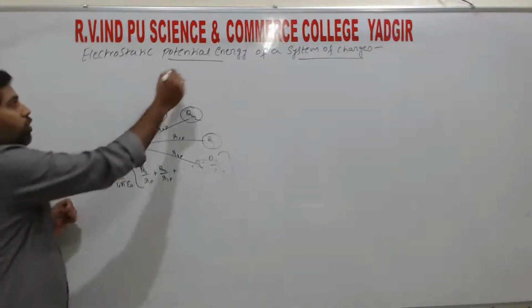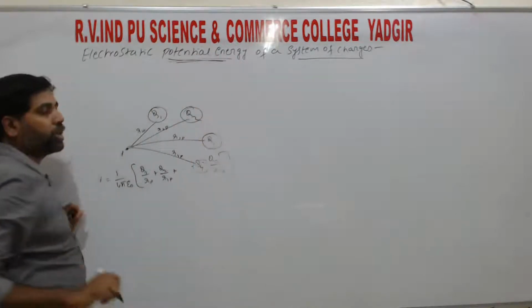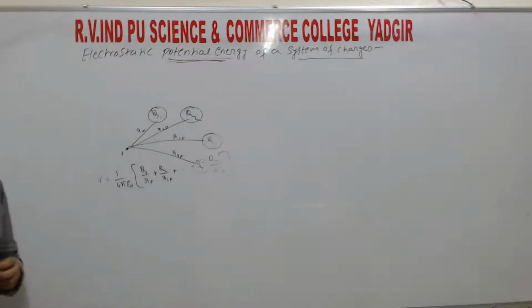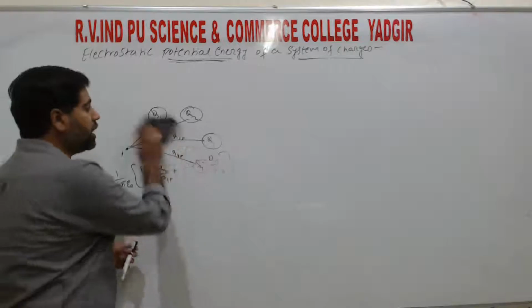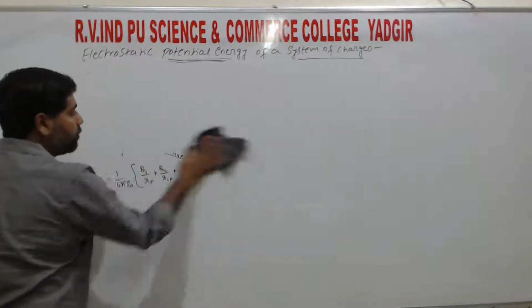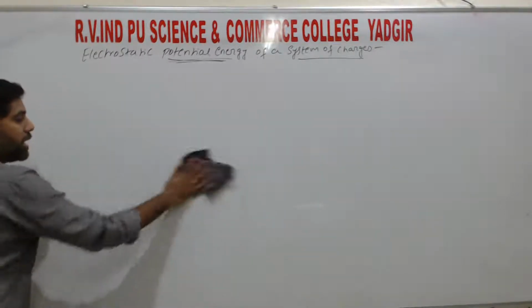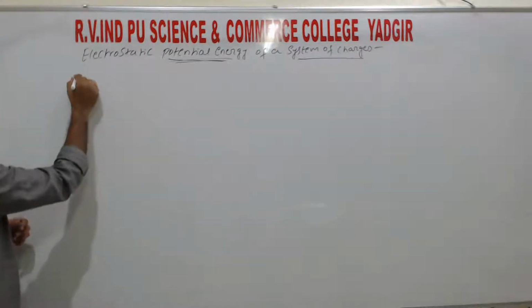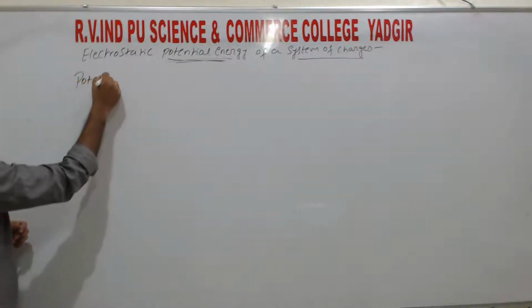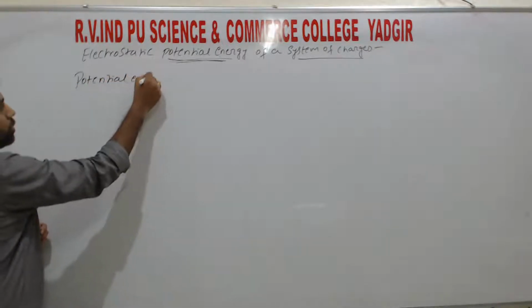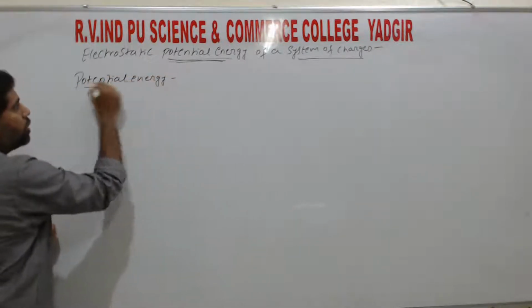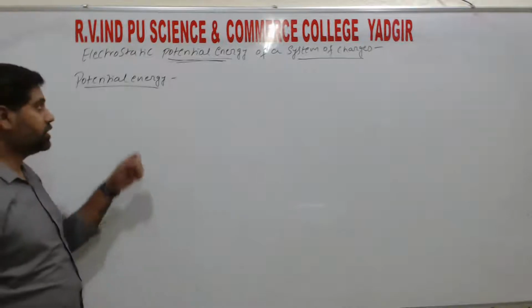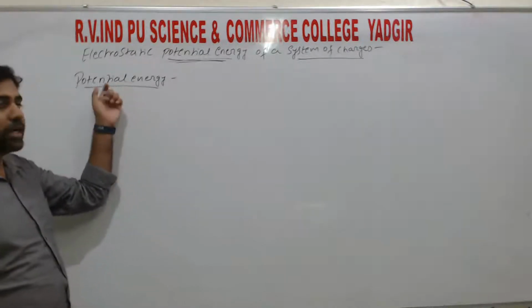Now we are going to find the potential energy. So what is potential energy? Potential energy is the work done in bringing the charge from infinity in an external field, right? So that one is the potential energy, or electrostatic potential energy. So how do we define the electrostatic potential energy?